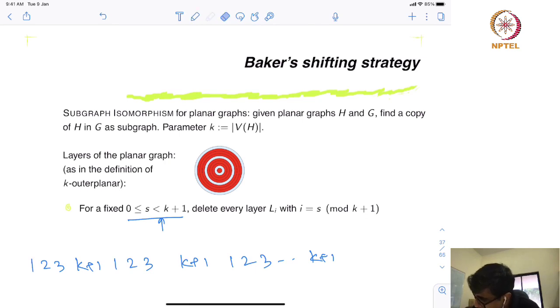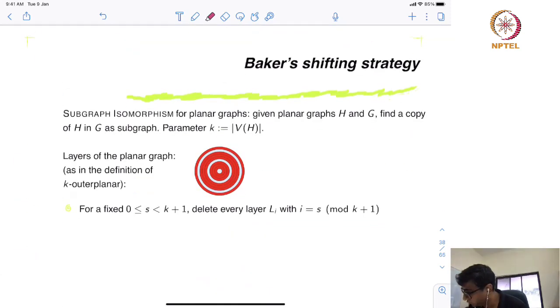Now, after you have deleted them, what do you have? Every component of the graph is completely contained inside, and every component has at most k layers. So, this is what it means: you fix an integer and you delete all layers congruent to it mod k plus 1.